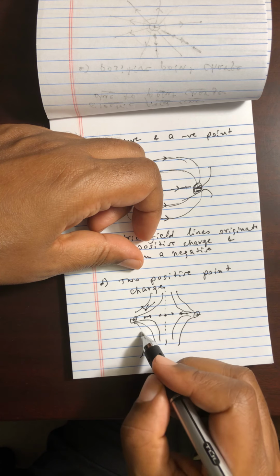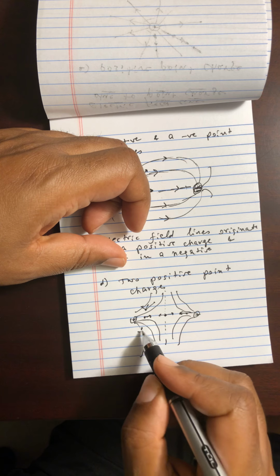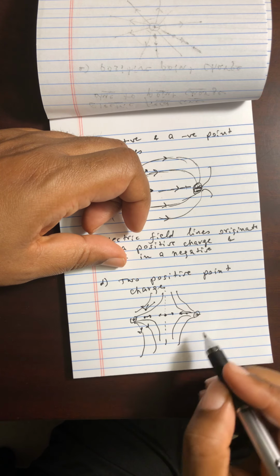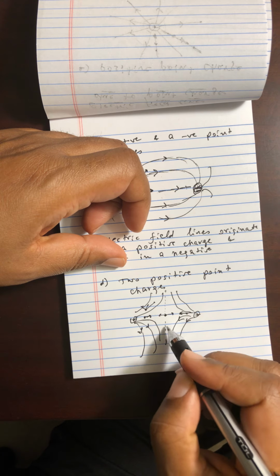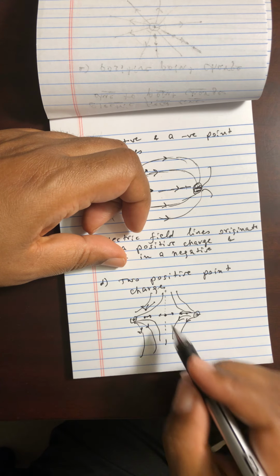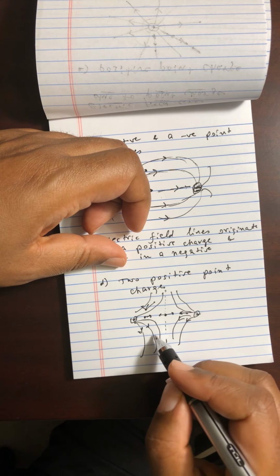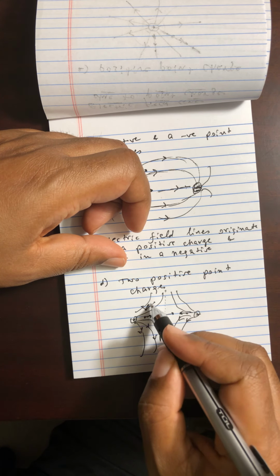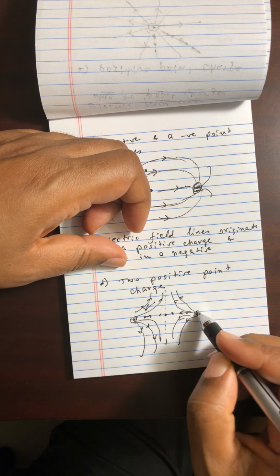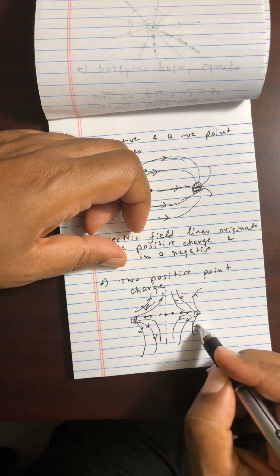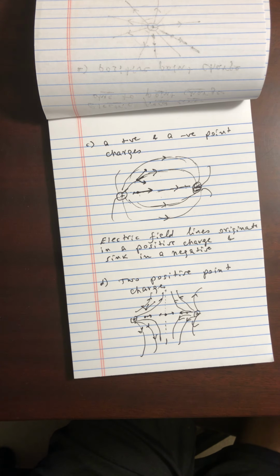And the electric field goes away from positive charge, and both of them it's away, and then this is the zero line over here. The electric field is zero everywhere over here, but they will go like this. Okay, so this is the electric field due to two positive charges.